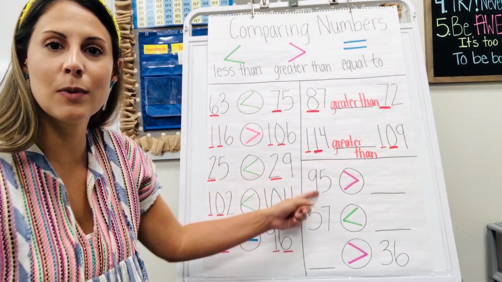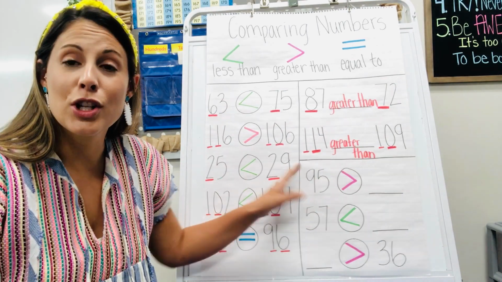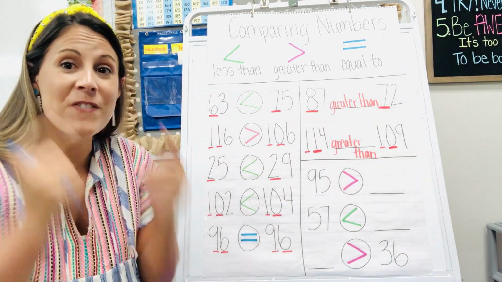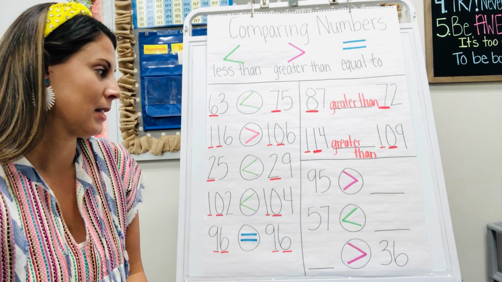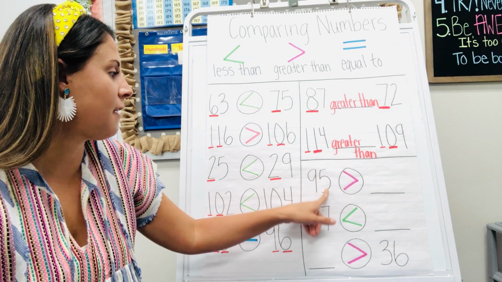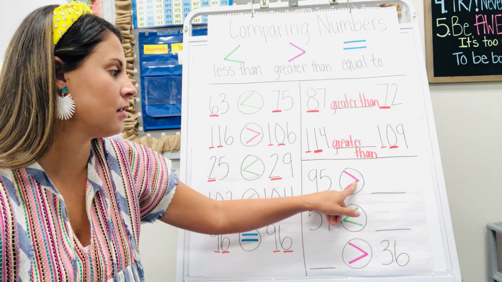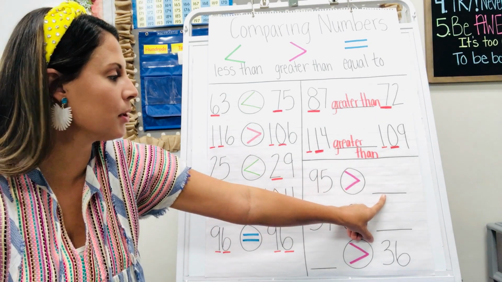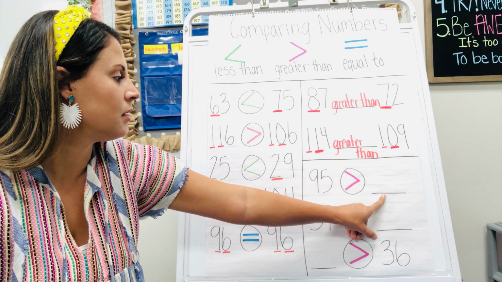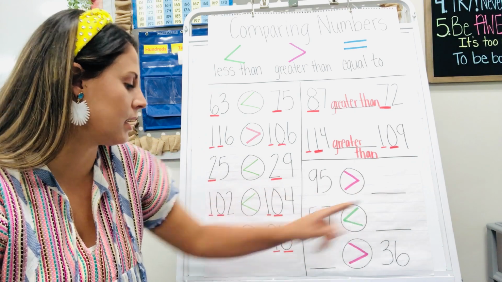All right, last one's over here. On this section, I want you to think of a number that fits in the blank. Here we go. 95 is greater than what number? What number could go here? 95 is greater than what?